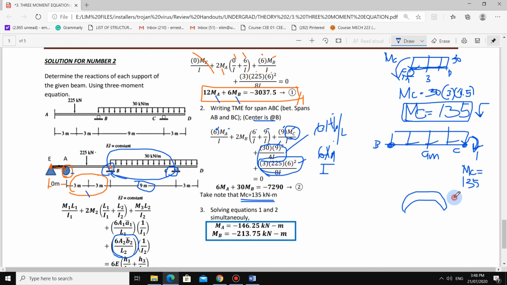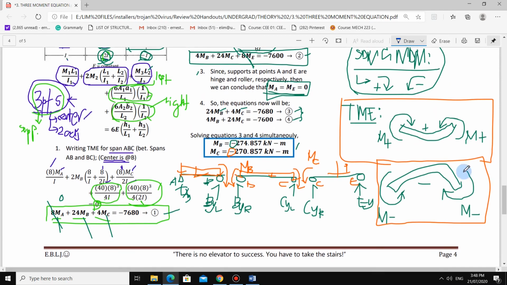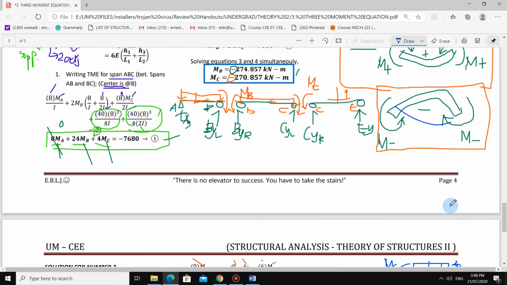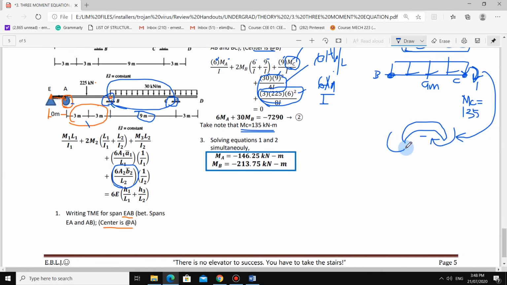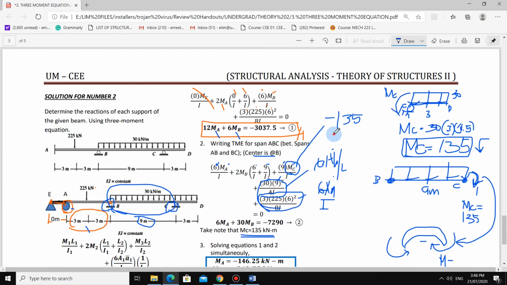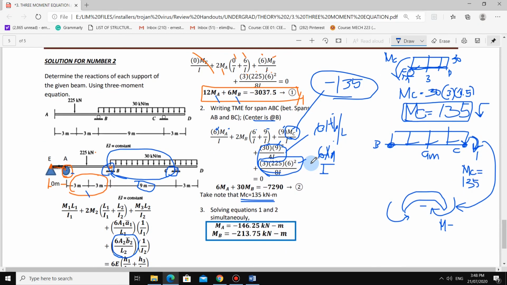Therefore, what you substitute for MC is negative 135, not positive.